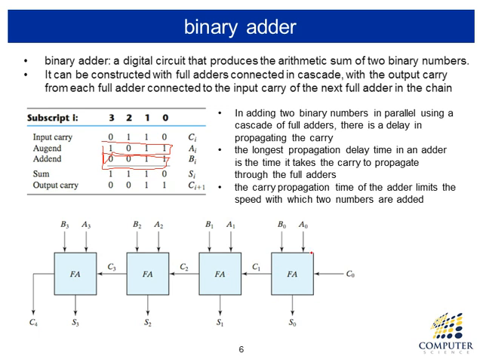So using full adders, in the rightmost position, carry in is always 0, and then the rightmost bit is added, and the carry is forwarded to the next bit. And then from there, carry is forwarded to the next bit, and so on. In this way, we can achieve arithmetic sum of two numbers with more than one bit.